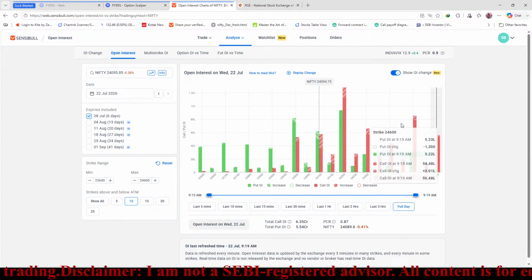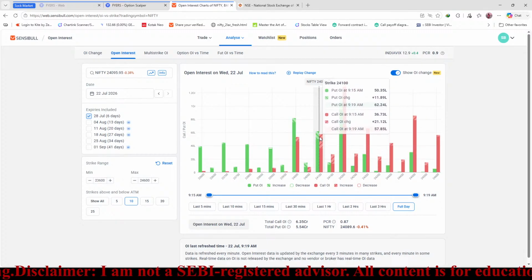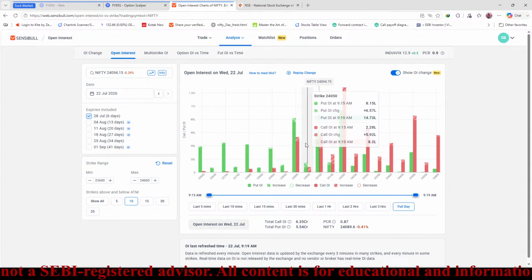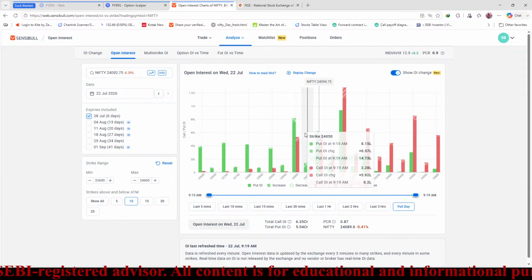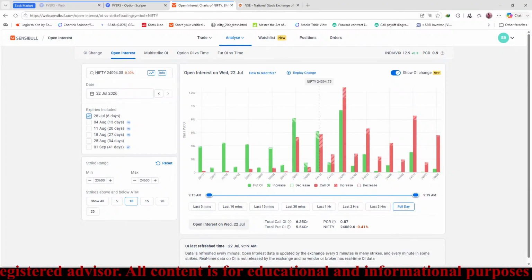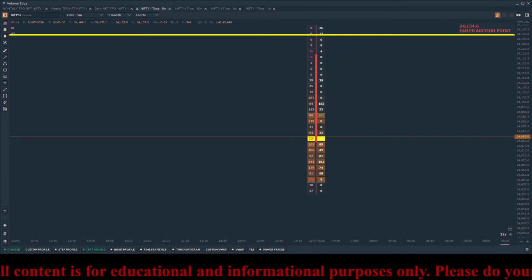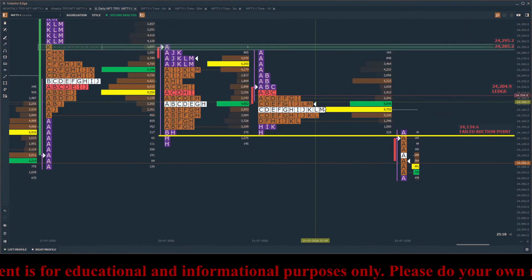Let's wait for some time, because 24,100 call and put are both fighting well together, and we need to see some development in 24,050 and 24,000. Then only, our levels, I'll just show you the market profile levels, where we are expecting to trade today.